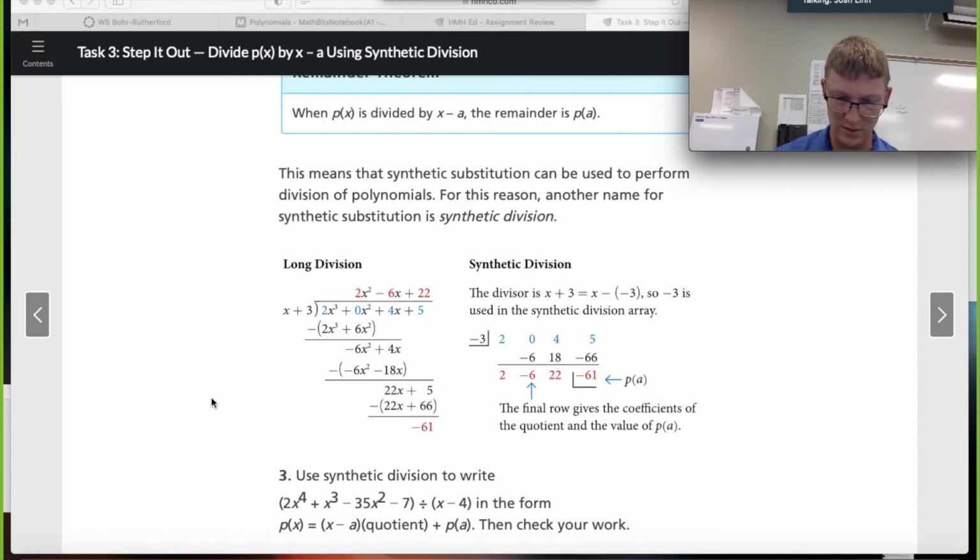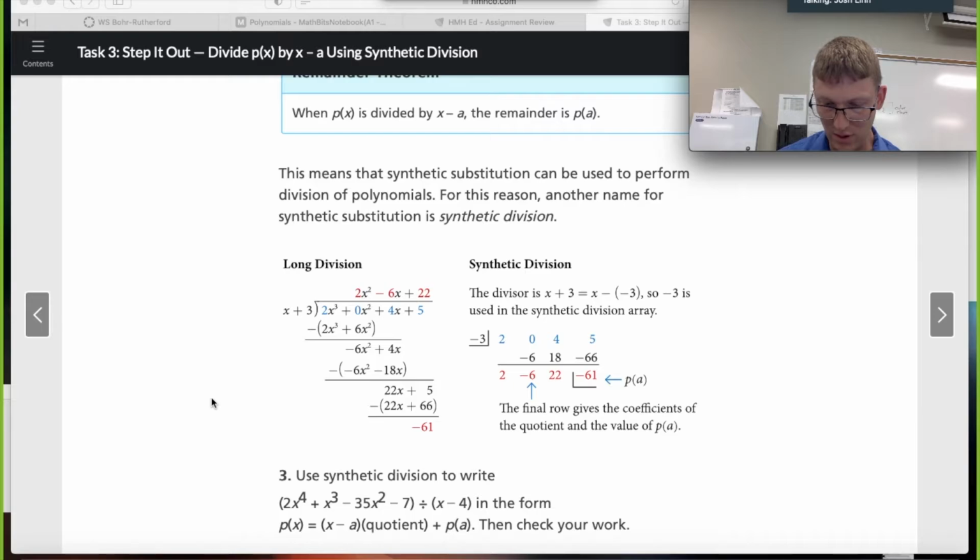So this is our example of long division, and here's our example of synthetic division. So I mentioned at the beginning of this that I was a little worried about synthetic division, but you can see that there's clear advantages. It takes up a lot less space, and once you get good at it, it is much faster.